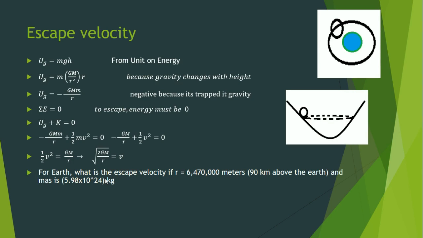And so what is the escape velocity if the radius is 6,470,000 meters away from the center of the Earth, and the mass, there should be another s here, sorry about that, is 5.98 times 10 to the 24th kilograms. So that's the mass of the Earth.